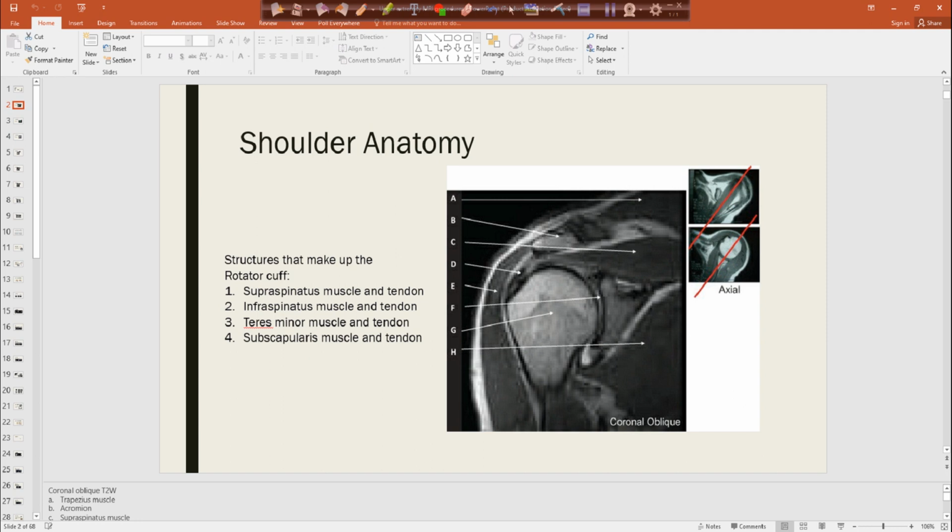All right, here we have a coronal oblique, because we know with our shoulder, most of our scan planes are going to be oblique to match up with our ice cream cone. And a lot of times when you're running your coronal obliques, they're going to be running parallel with that supraspinatus muscle, which turns into the tendon there.